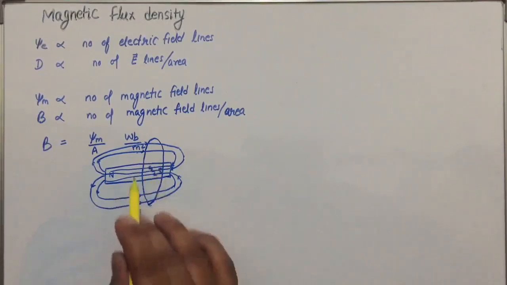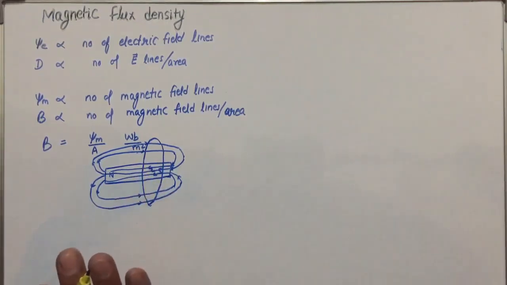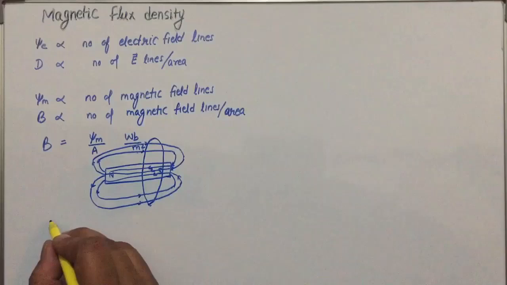So for any surface, the total flux enclosed by it will be 0.